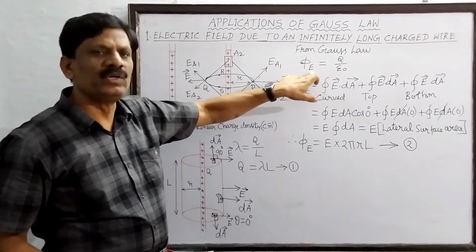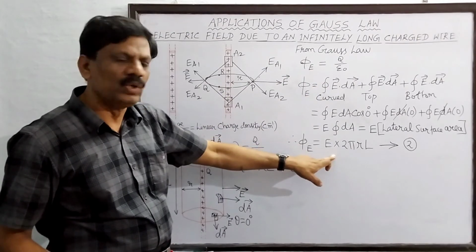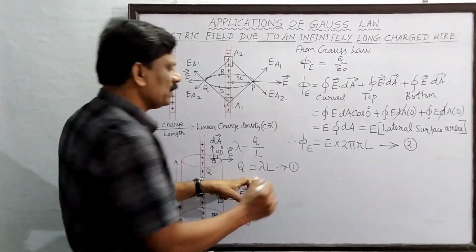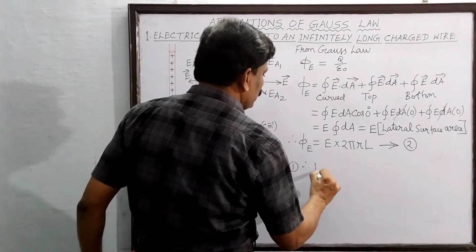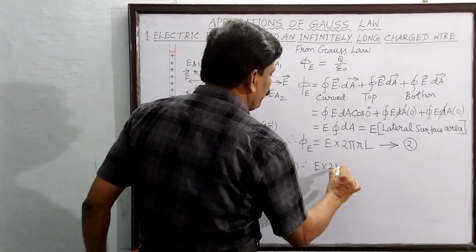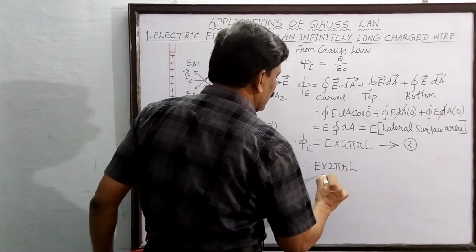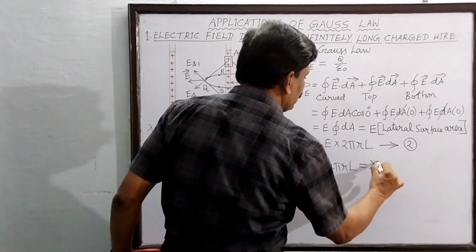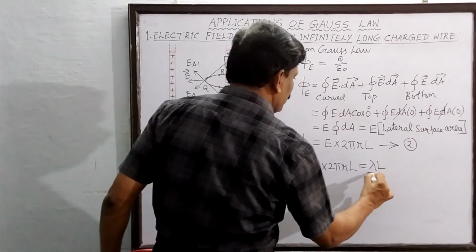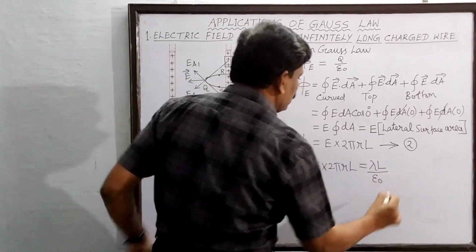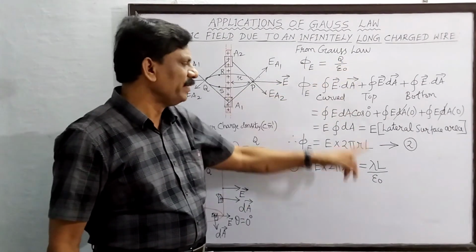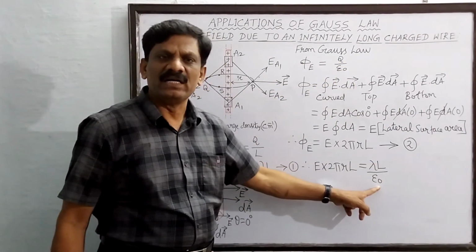So I am going to substitute here instead of phi E equation 2, instead of Q equation 1. Therefore, now E into 2 pi r into L is equal to lambda into L divided by epsilon naught, because Q is equal to lambda L. So Q by epsilon naught means lambda L by epsilon naught.